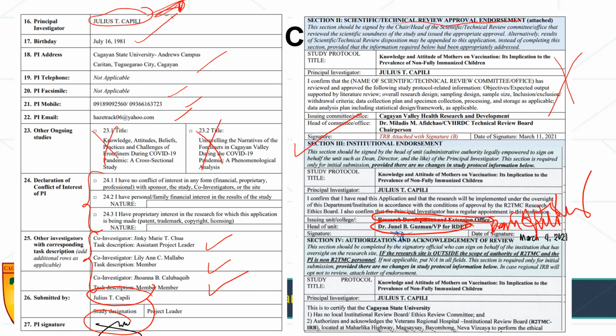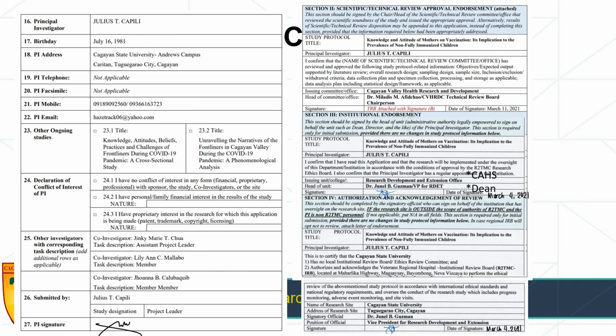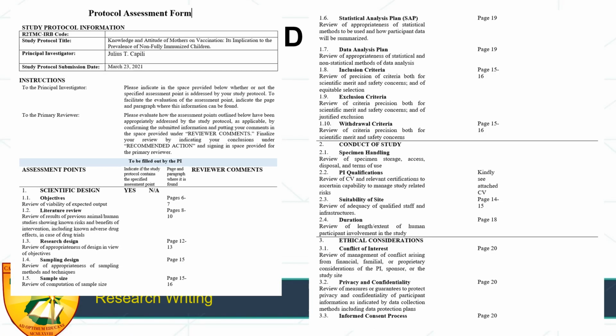And then section 4, authorization of acknowledgement of review, you just need to type in the study title and the principal investigator. That's the same. And for letter D, the protocol assessment form, you have this form also.